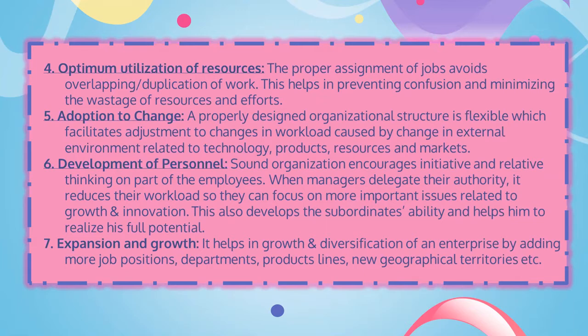So when a person is assigned some different tasks from his regular work, he must be ready for such changes. That can be technological changes, right? There can be product changes, resource changes, market changes. So he should be flexible. So this is one of the important things that we must notice when this organizing process is taking place.